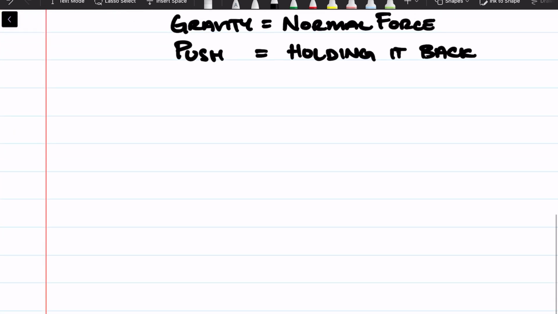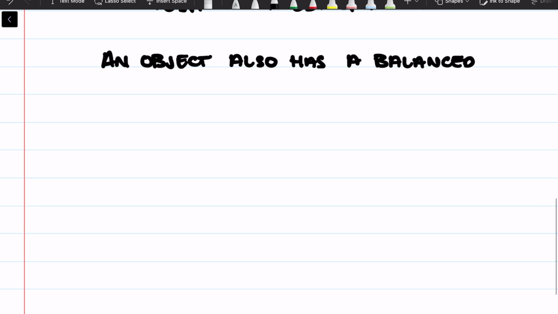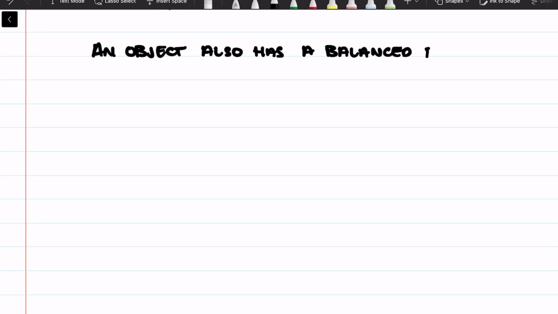Well, we could say here that an object also has a balanced force if it moves at a constant speed.